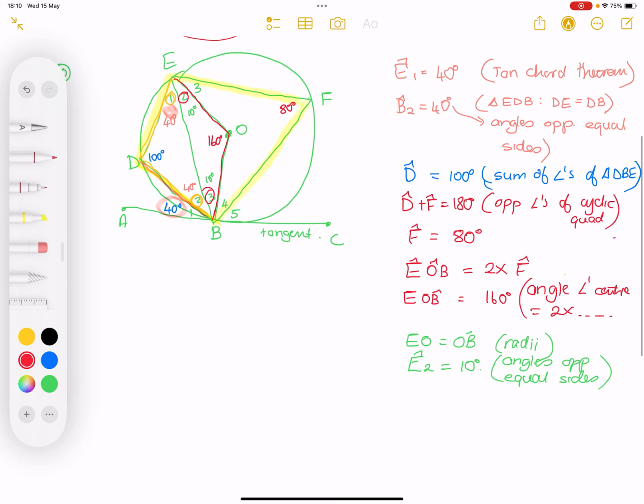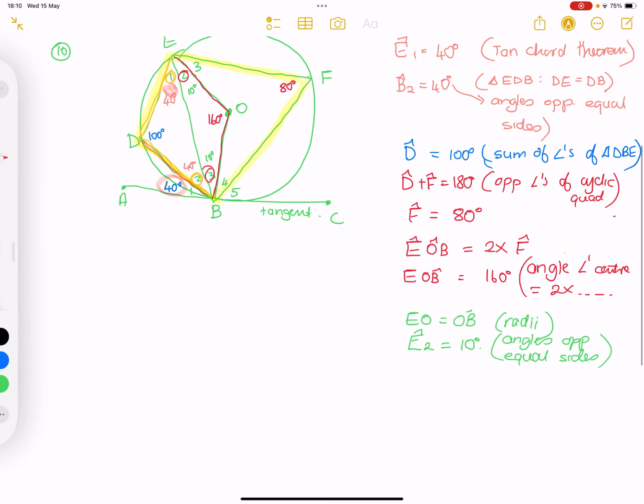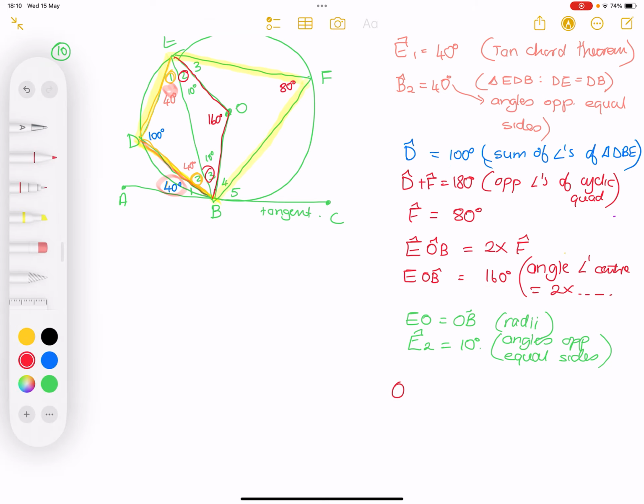So now I'm going to say angle OBC is equal to 180 minus 40 plus 40 plus 10, because it is a straight line.